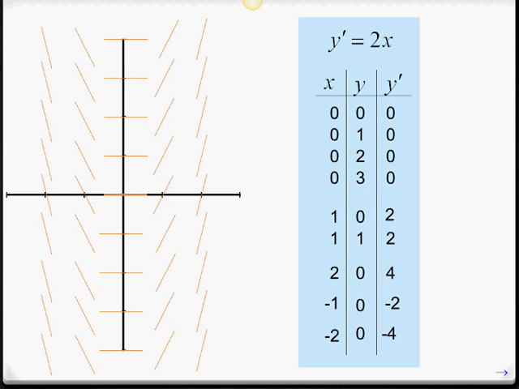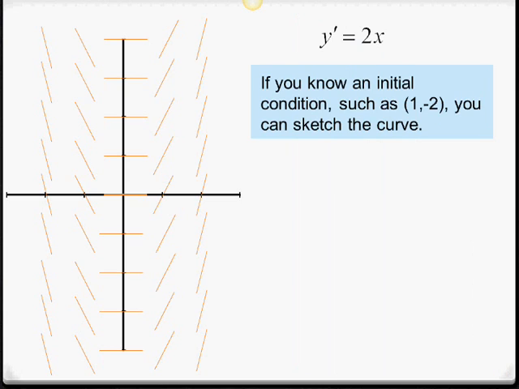So if I knew what point it was going through, I could kind of see the shape of the graph at those different points. So if I know an initial condition such as 1, negative 2, right here's that point, it has to follow the shape of these lines, and you can see that it is a parabola that kind of follows those lines.